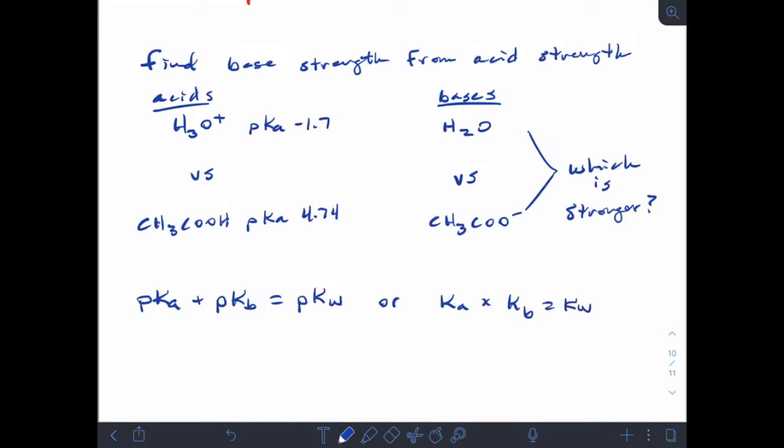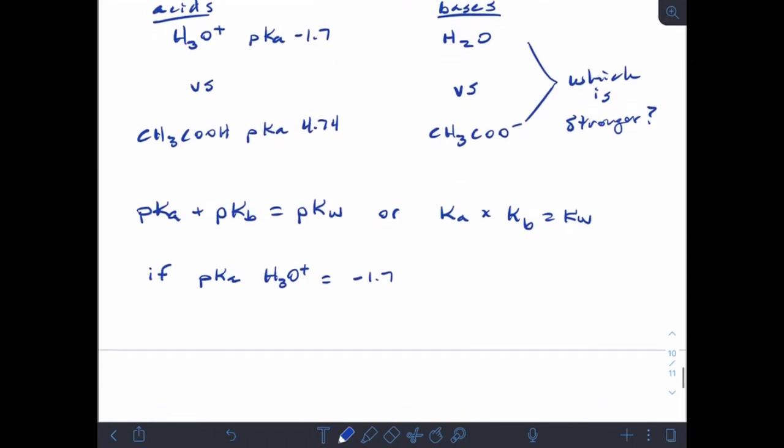So if pKa for the hydronium ion equals minus 1.7, then 14 minus negative 1.7 equals 15.3, which is the pKb for H2O.